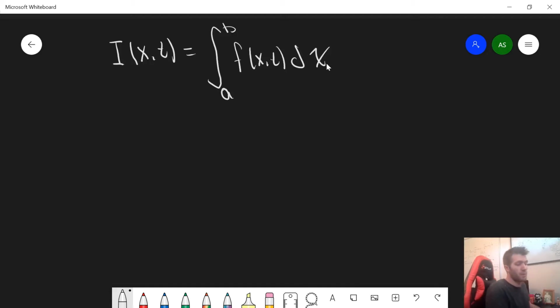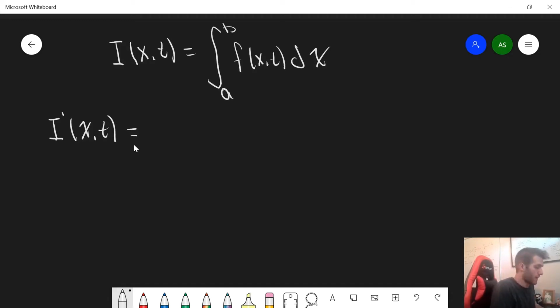Okay, so now what we want to do is take the derivative of this function. So we're going to take the derivative of our I function of x and t, and that is going to give us our limit definition of this integral here.